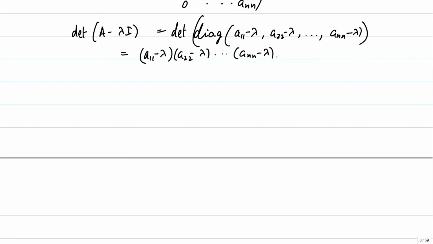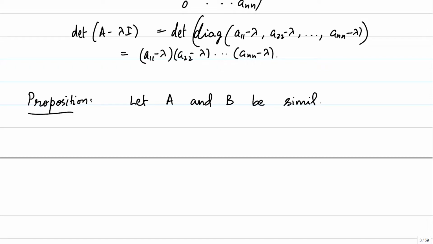Now let's explore some more properties of the characteristic polynomial. The characteristic polynomial has this particularly nice property that it is invariant under similarity. Let me write it down as a proposition and elaborate on it. Let A and B be similar matrices. Recall that A and B are similar if there exists an invertible matrix Q such that B is Q A Q inverse.